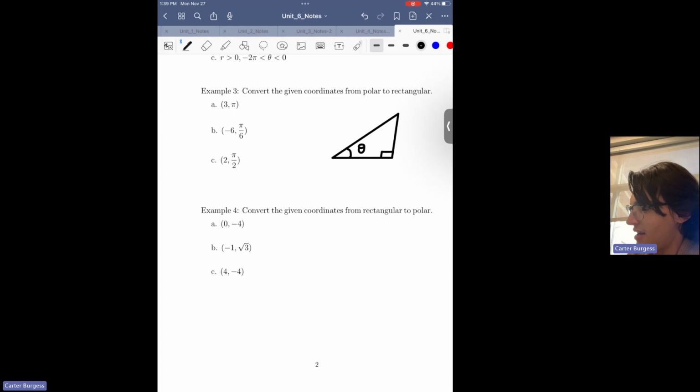This is theta, this is r, this is y, this is x. We've got this point, which we now know is either x comma y or r comma theta.